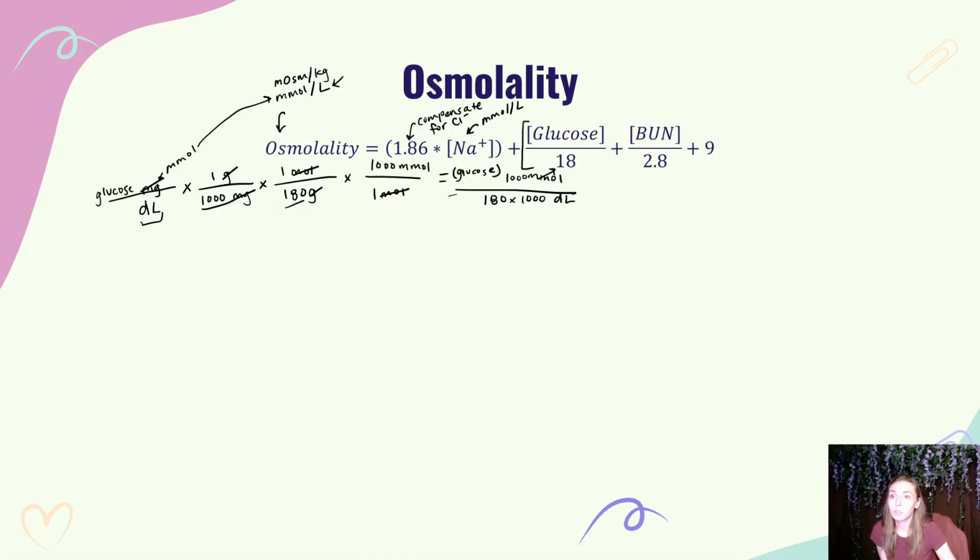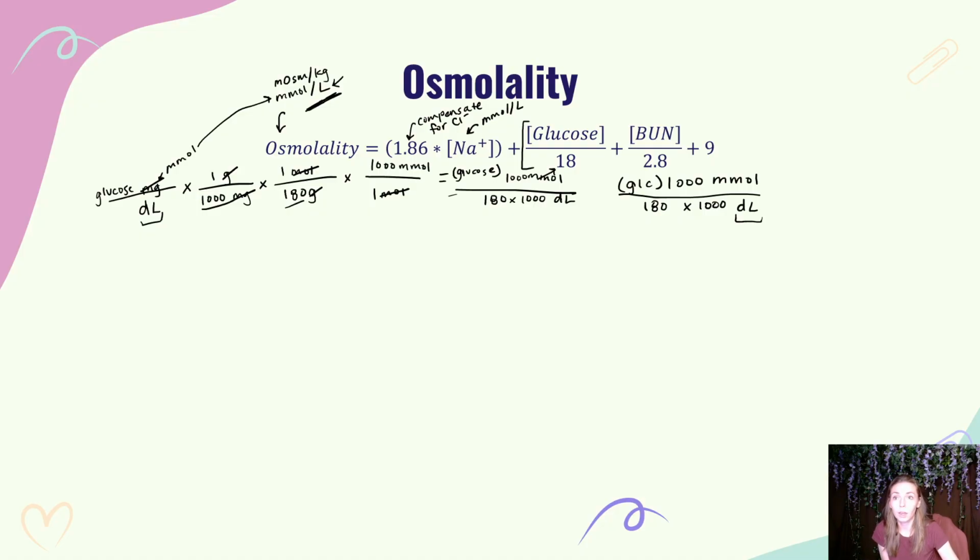I'm going to rewrite that so it's a little neater. My glucose, I'm left with 1,000 millimoles over 180 times 1,000 deciliters. Now I still need to convert deciliters to the liters that we need in order to answer the overall question.